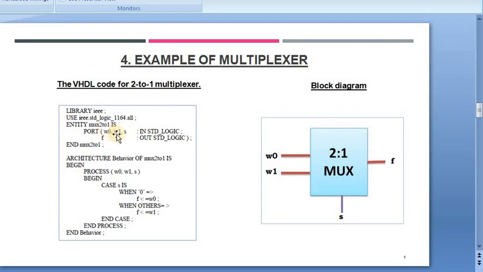Then 2 inputs W0 and W1 and one output Y are defined there, and then the entity is closed. The architecture part covers the basic logic as shown for the final output Y. This Y is the logical combination of inputs W0 and W1 along with select line S. Then the architecture is closed. This completes its VHDL code.